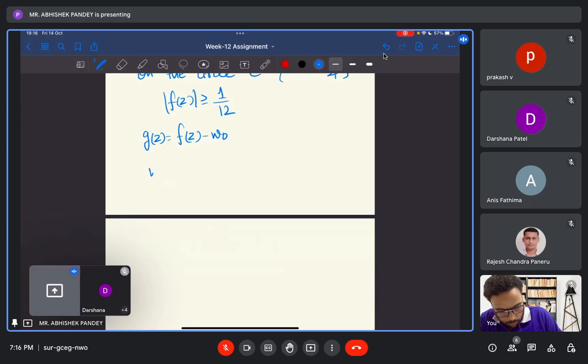So basically modulus of w naught is less than modulus of f(z) for all z belongs to C.